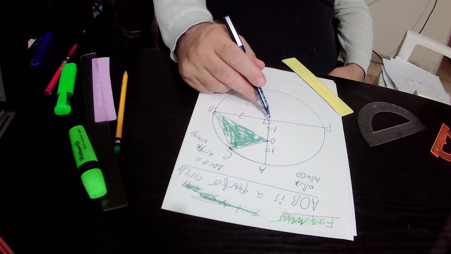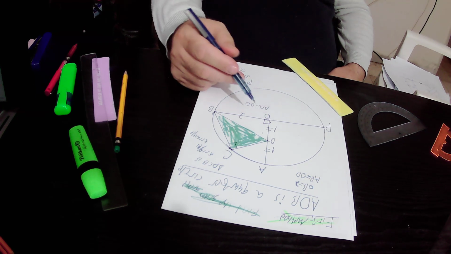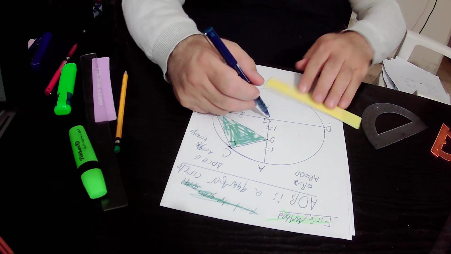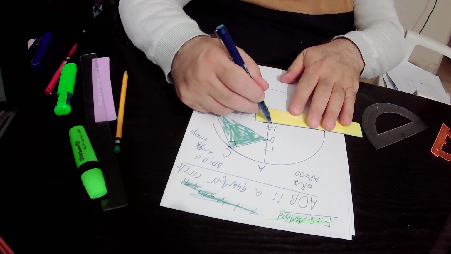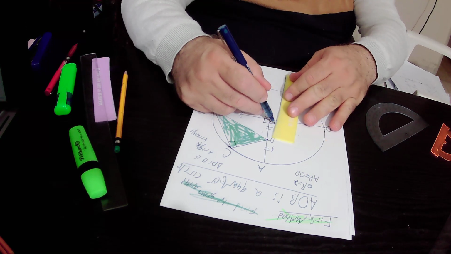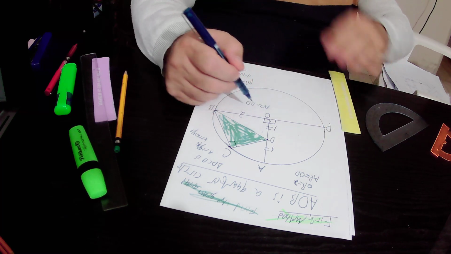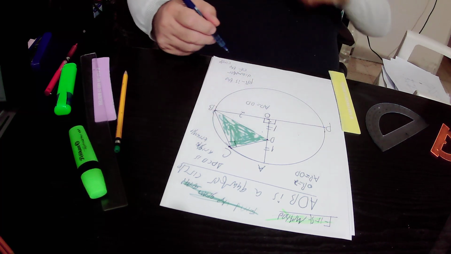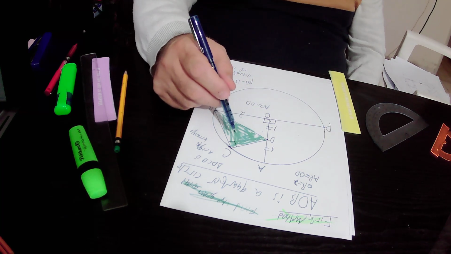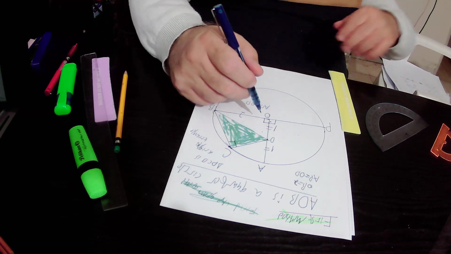We'll subtract 90 degrees from this equation, and we get that the missing angle AOP equals 90 degrees. So this angle equals 90 degrees, it is a right angle. We will extend side CD by a straight line.